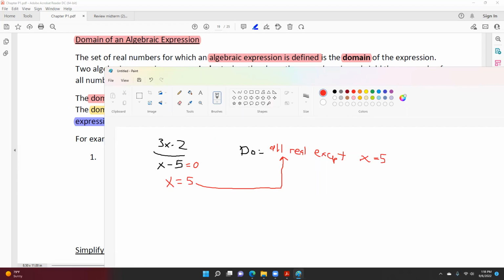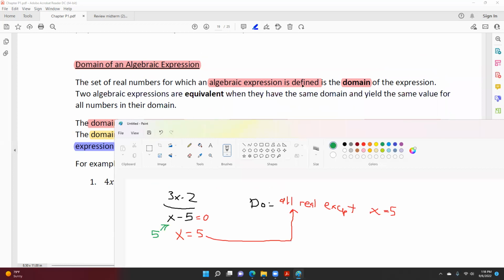The only number that doesn't work is 5, because when you plug in 5, you get exactly 0 in your denominator, and anything divided by 0 is undefined. The domain says the expression has to be defined, but unfortunately, when you get 0 in the denominator, it is undefined. So that's not what we want.